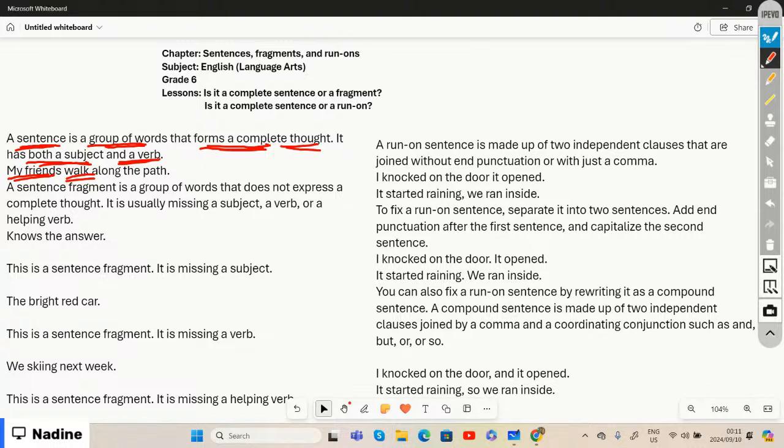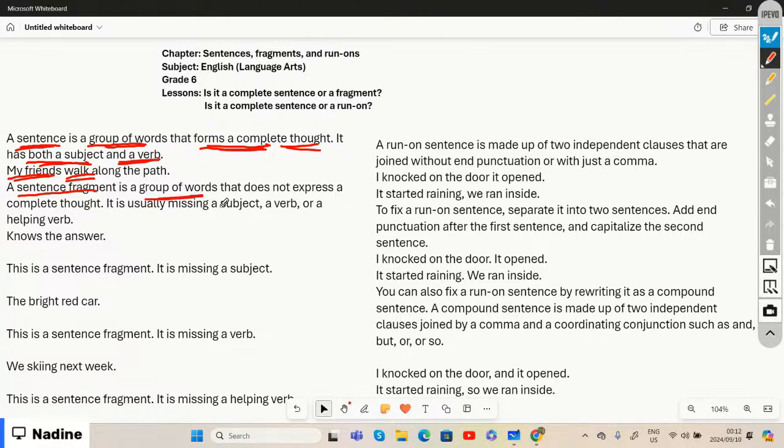Now, if we look at what a sentence fragment is. A fragment, or sentence fragment, right?